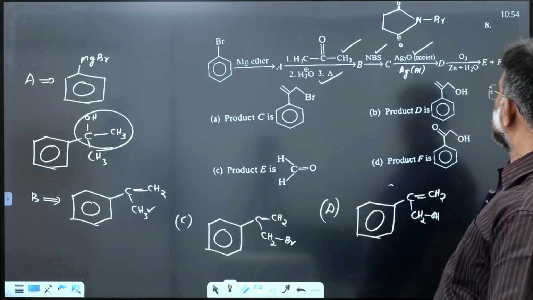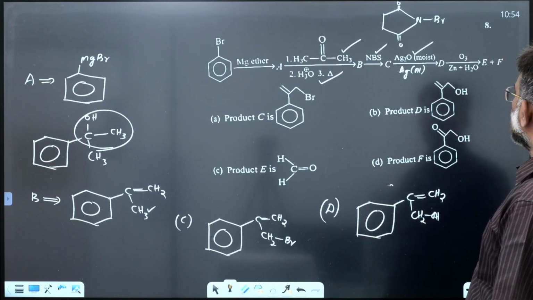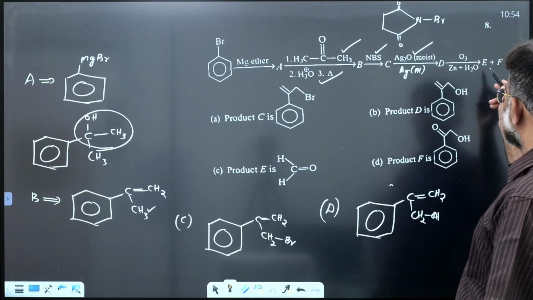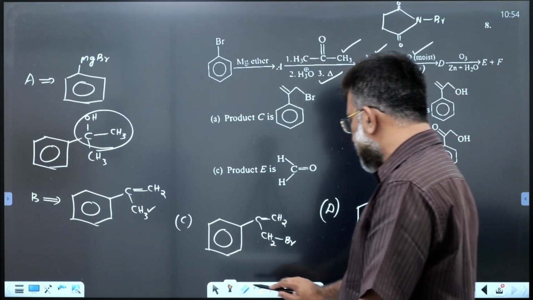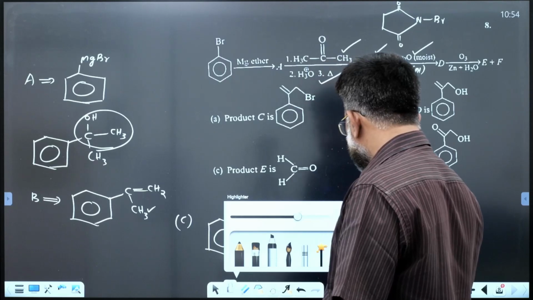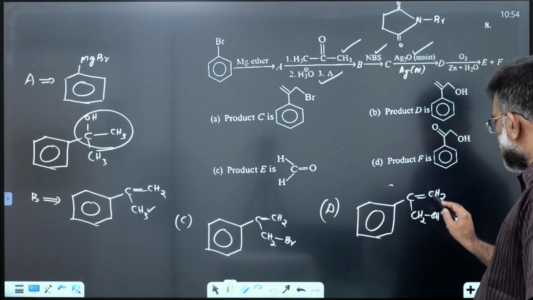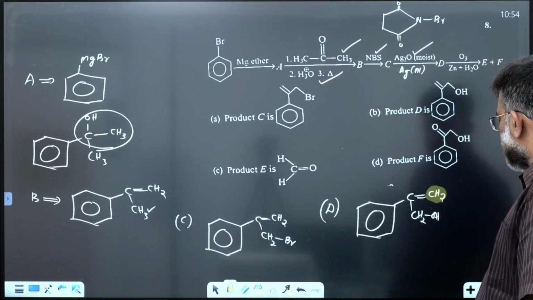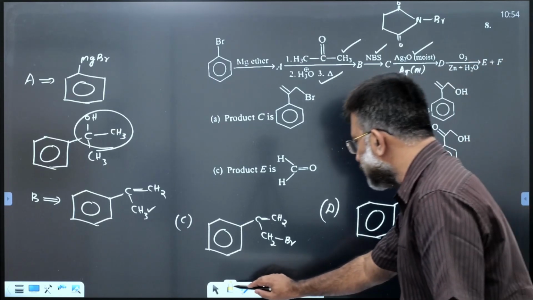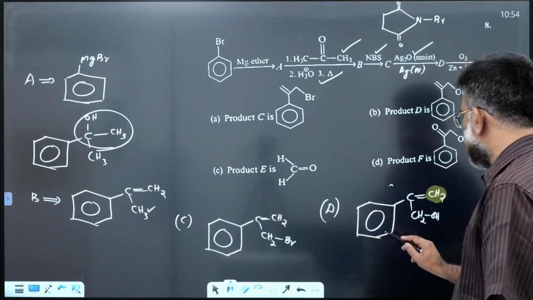Now it is treated for ozonolysis to give E and F. What will be E and F? See, ozonolysis happens over here, and this part will turn formaldehyde, and the other part of the molecule will turn ketone.